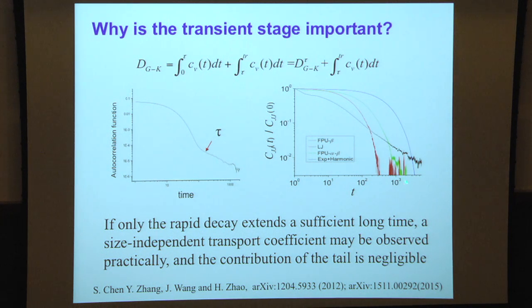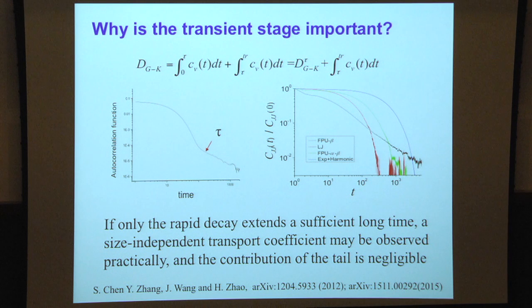I will not deny the possibility that the power-law tail will appear on a very large time scale, but this time scale can already guarantee a convergent thermal conductivity, practically, I mean.